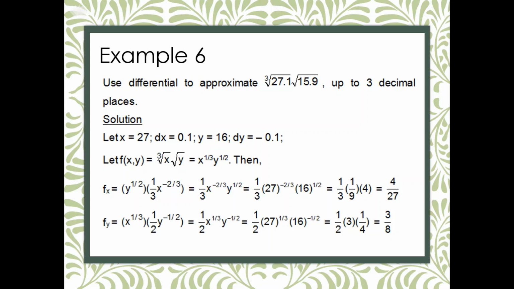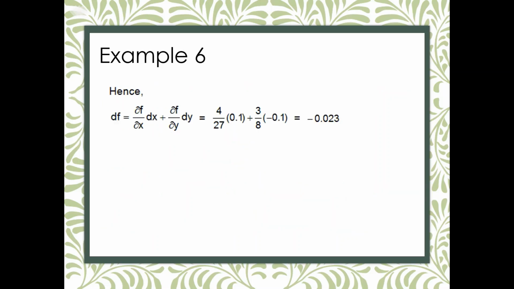Next, determine fx and fy, then substitute the values of x and y into the answer and simplify. You should get 4 over 27 for fx and 3 over 8 for fy.